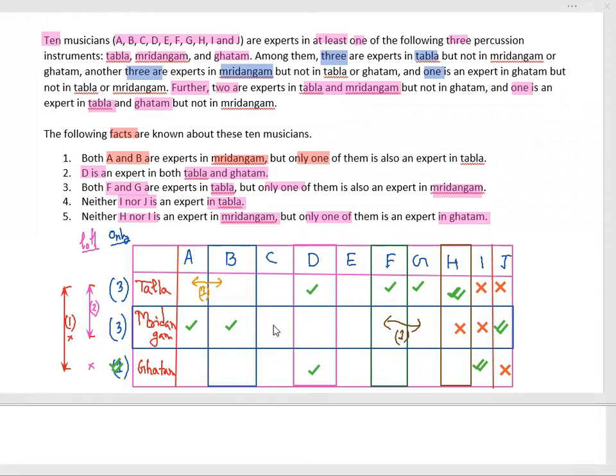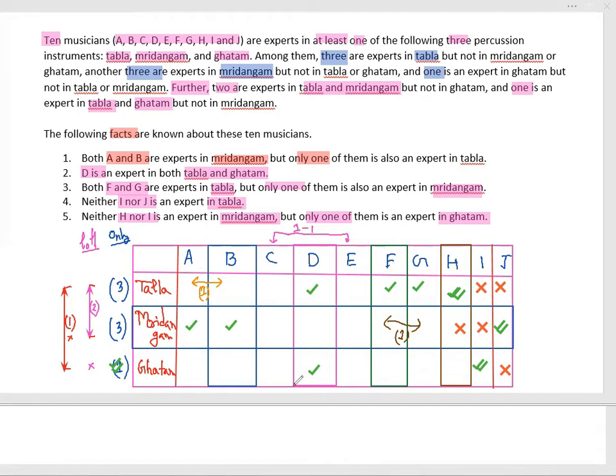So definitely either C or E, any one would be definitely only mridangam. So I can go on writing C or E. One of them would be mridangam, M.